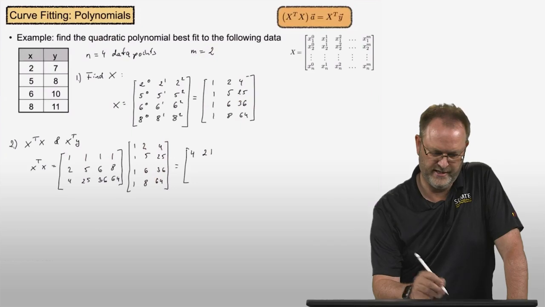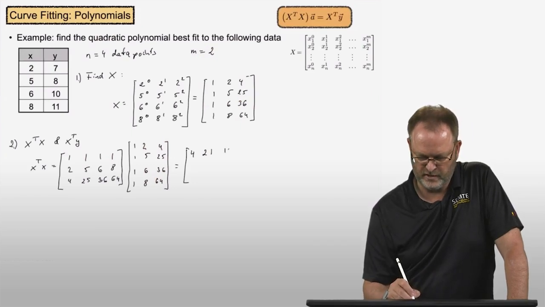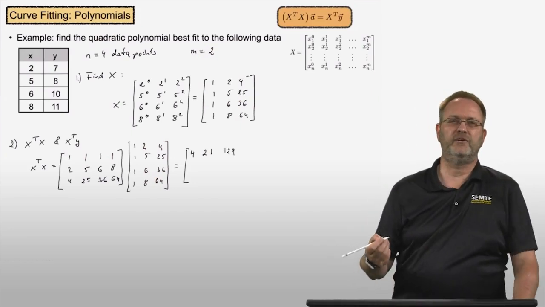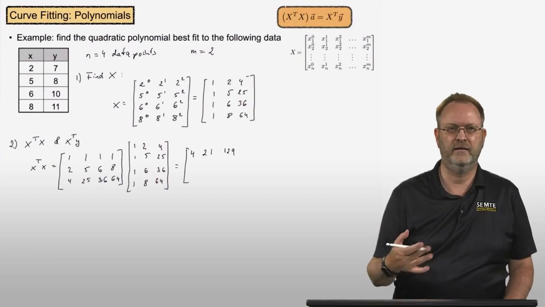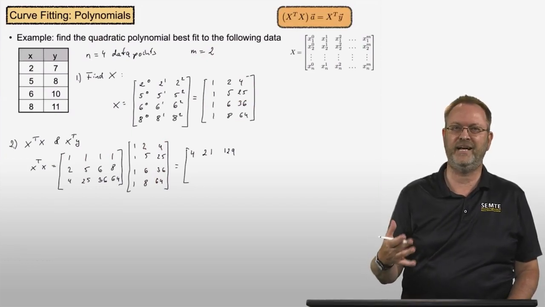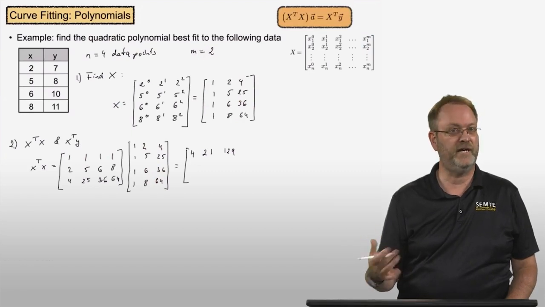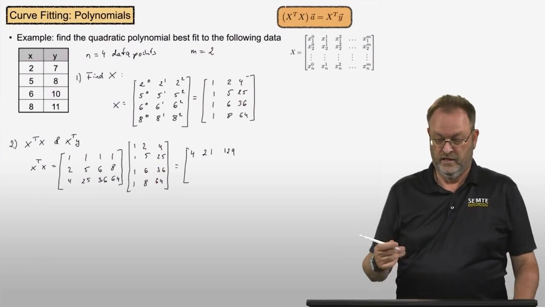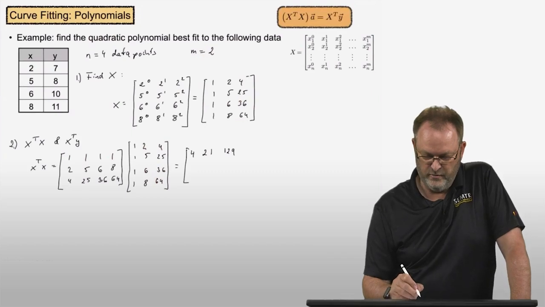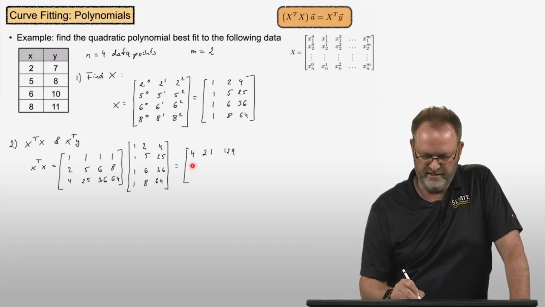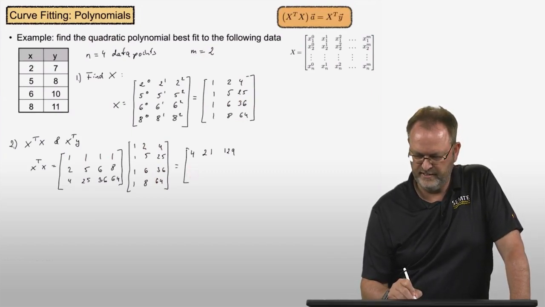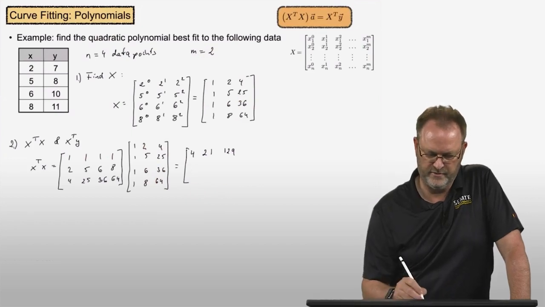Now, if you remember from linear algebra, what happens if you take a matrix and multiply it by its transpose? The result will be a symmetric matrix. So then I already know what the entry is going to be right here and here, because the resulting matrix will be symmetric.